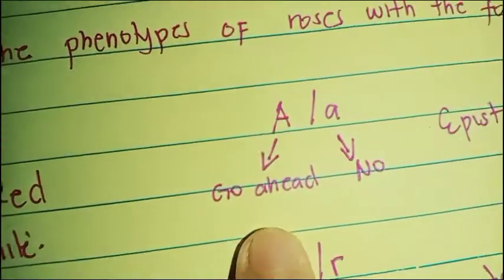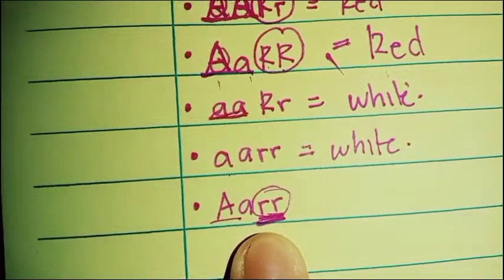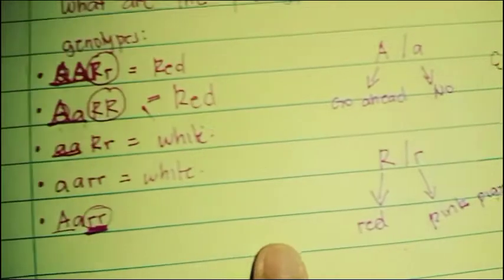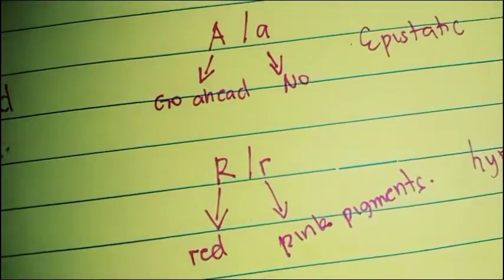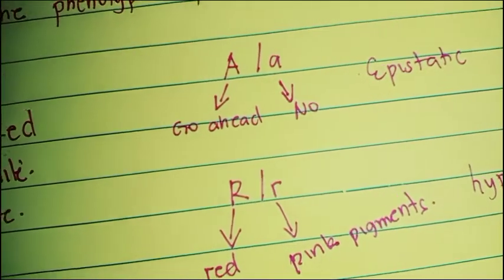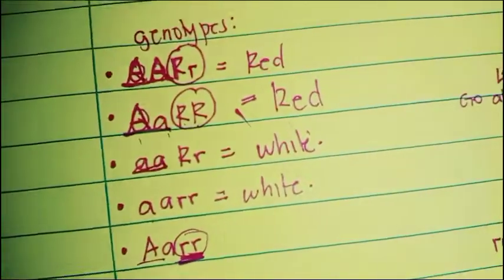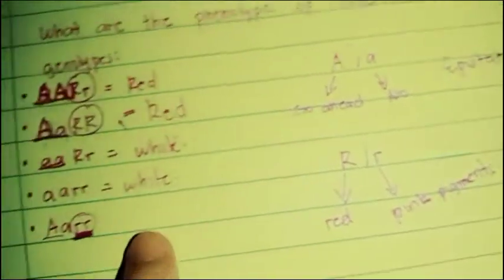So it is go ahead. The next gene is small letter r. As we look at our hypostatic illustration, the small letter r means pink pigments. So the two small r's means recessive, so it's going to have a pink flower.